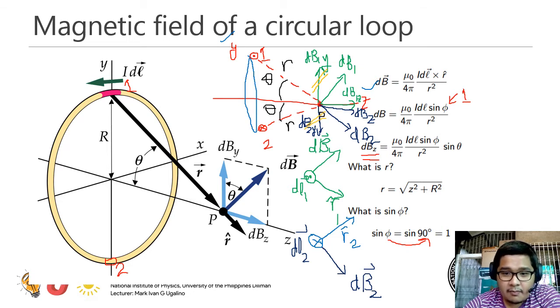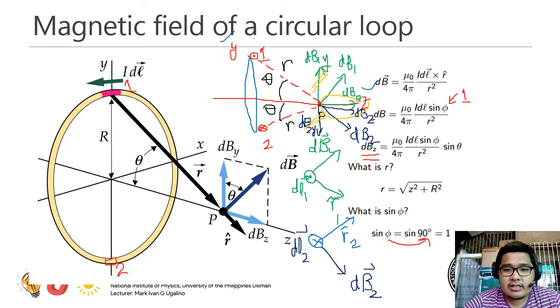Now, we can easily see here that this component exactly cancels out this component, right? And all the components of these vectors along the z axis add up. Hence, it makes our calculation easier, because we already argued symmetry.